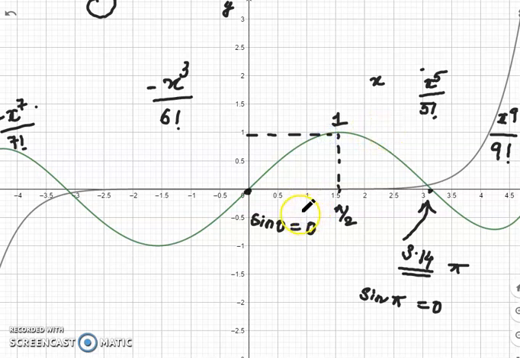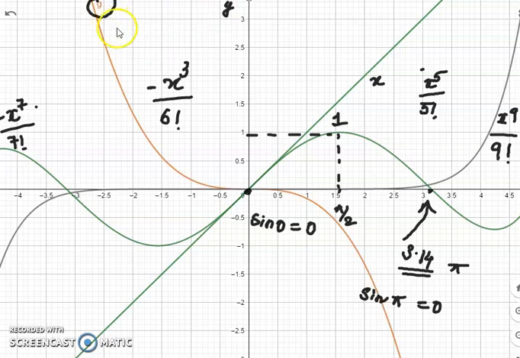So this implies that by adding all these different functions, so what are the functions? First we started with this straight line f of x, and next we subtract x cubed by 6. This is minus x cubed by 6, and next is x power 5 by 5 factorial.